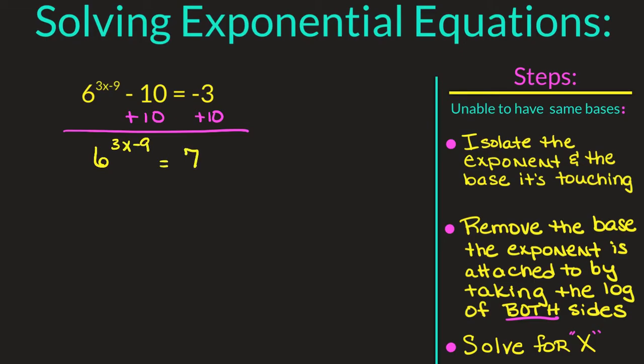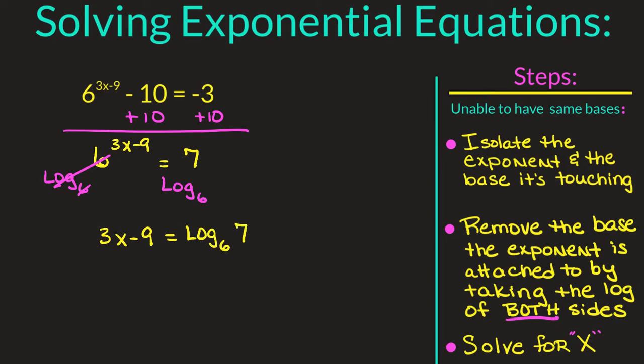Now we need to log base 6 both sides. This will get rid of the base and the log, and that leaves us with 3x minus 9 equals log base 6 of 7.